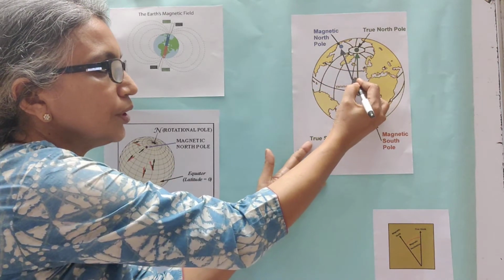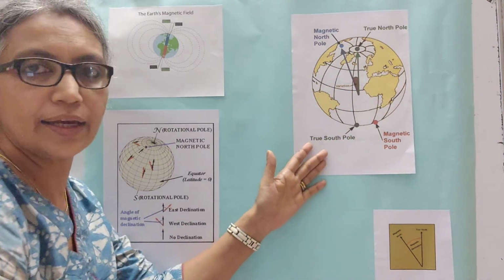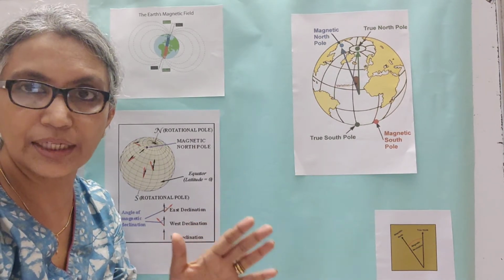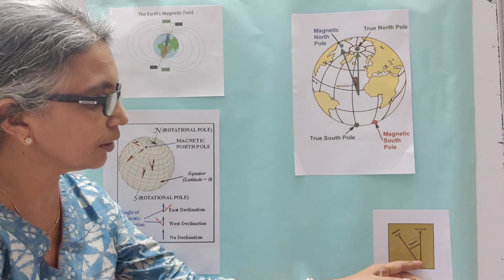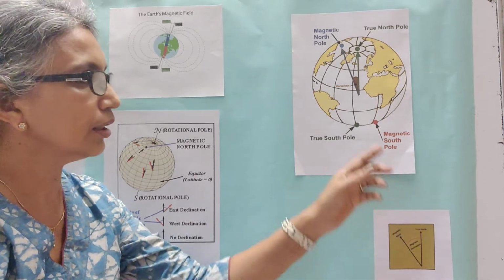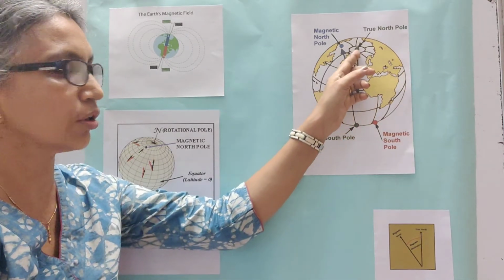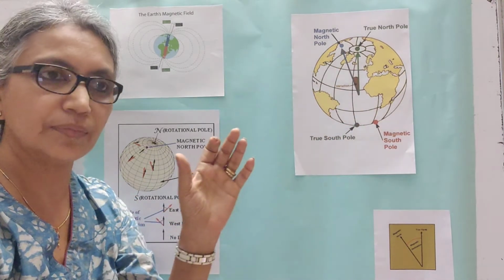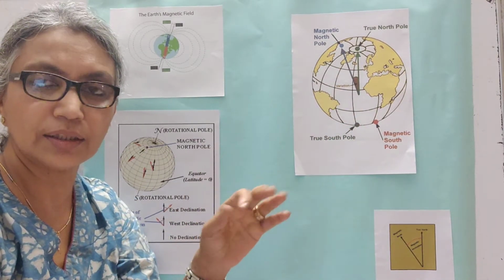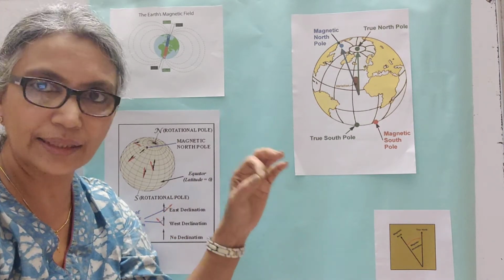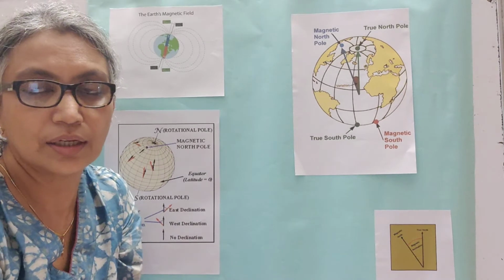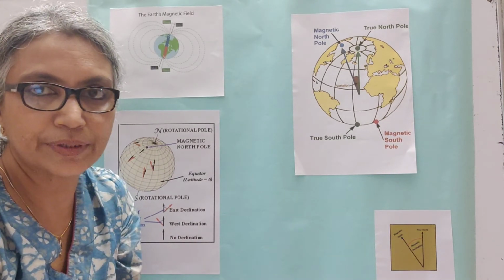So the angle between these two is what you call the angle of declination. So the angle of declination is simply defined as the angle between the true north, or the direction towards the geographic north, and the direction of the north pole of your magnetic needle, the direction in which it will point at that place. The angle between these two directions is what you call the angle of declination, capital D.